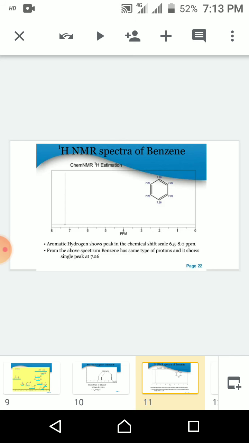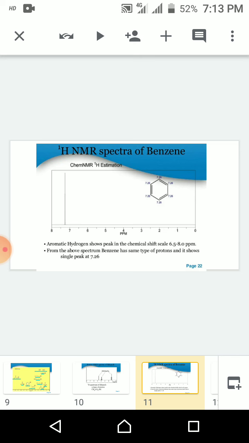Further, we have discussed the proton spectra of benzene. It has a uniform, single peak. Its chemical shift is also fixed, between 6.5 to 8 ppm. So we can say aromatic hydrogen shows peaks in the chemical shift scale between 6.5 to 8 ppm.